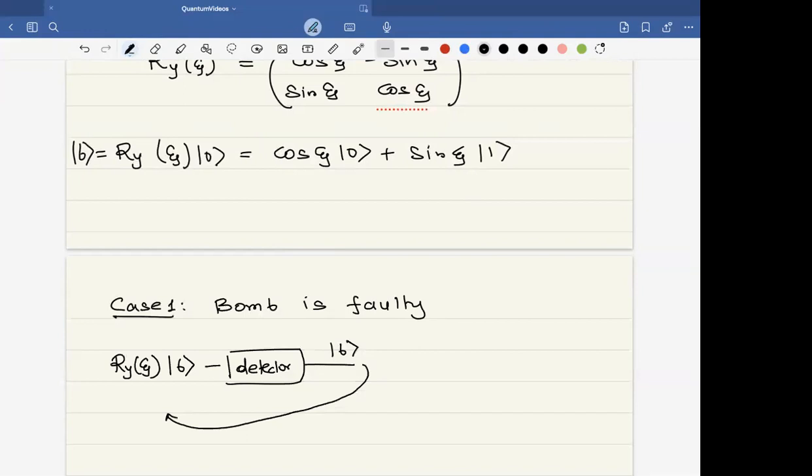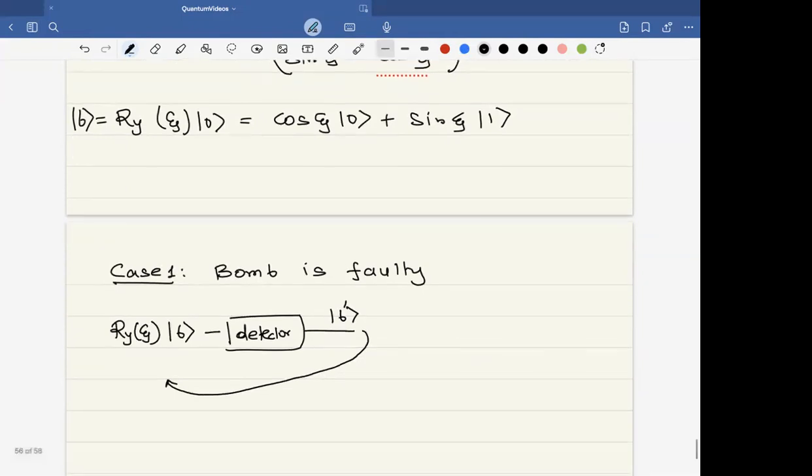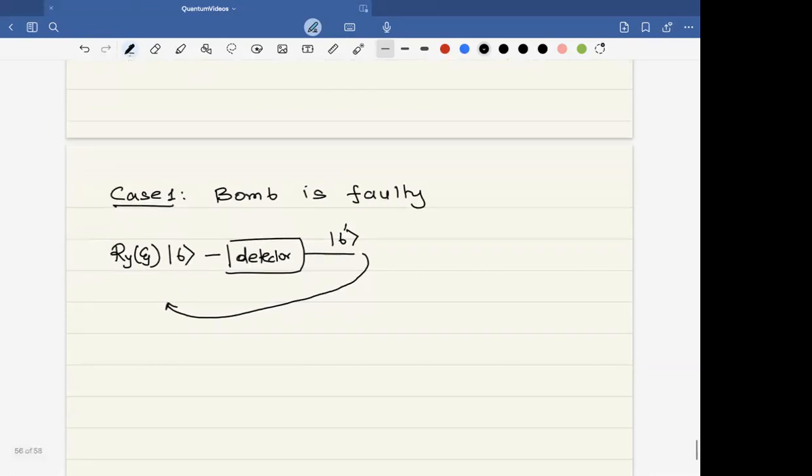The initial state is B, then you pass it to the detector, you get a state I'll call B prime, which is the rotated state. Then B prime again gets fed back into the detector. So essentially we are applying the rotation repeatedly, right?